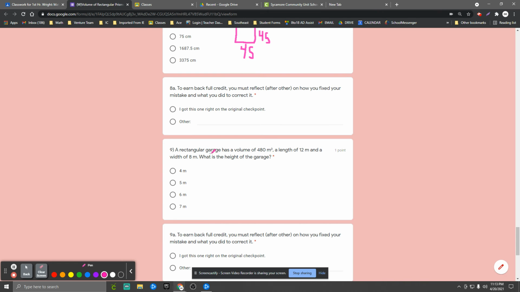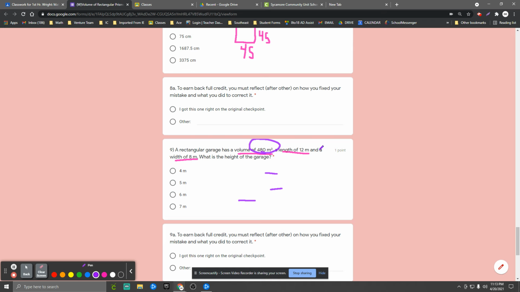The next one, a rectangular garage has a volume and a length and a width. So you're missing the height. So this is similar to the missing dimensions activity that we did on the slideshow. So you're saying, this times what gives you this.